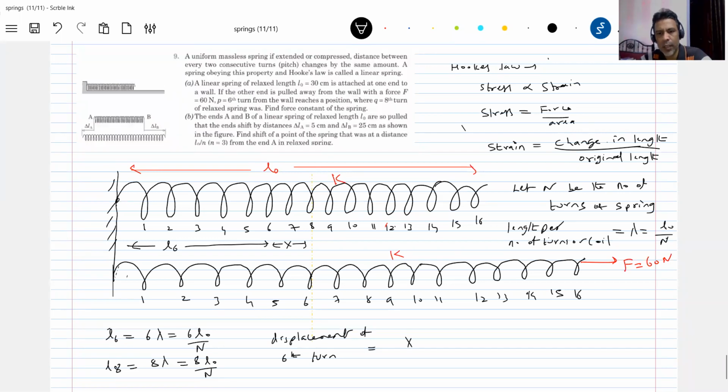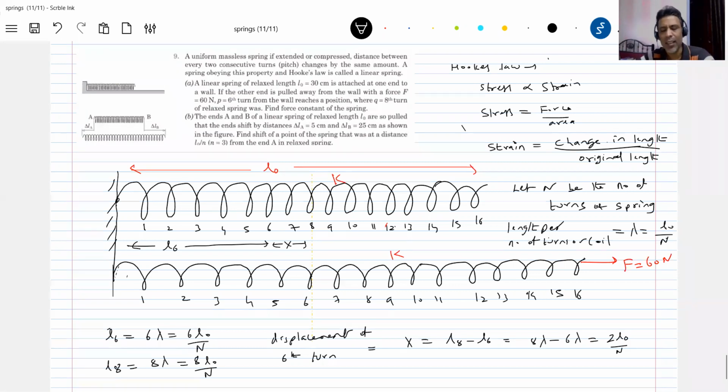X should be equal to L8 minus L6, which is 8 lambda minus 6 lambda. You can solve by any method; I'm just using this procedure. So this will be 2 L naught by N.